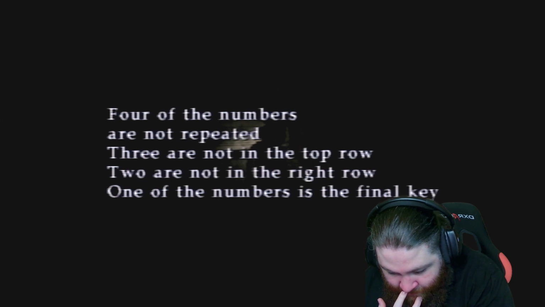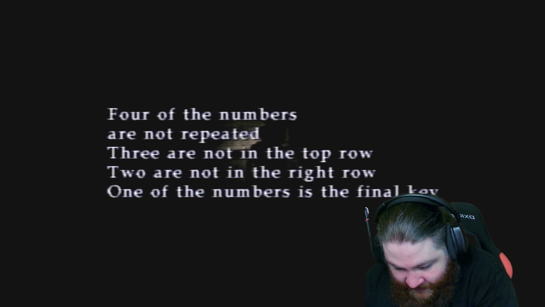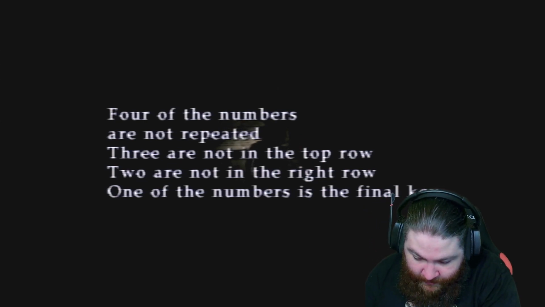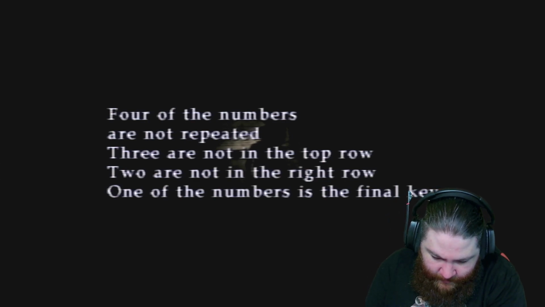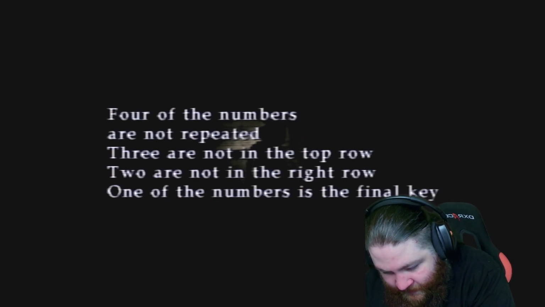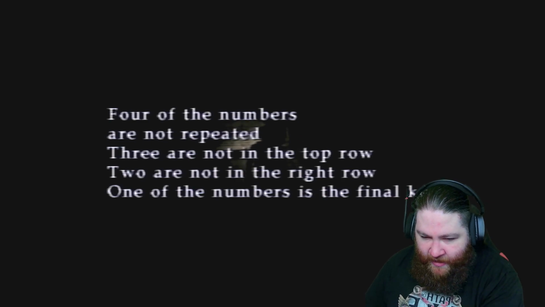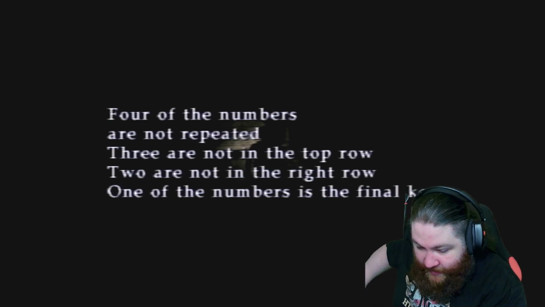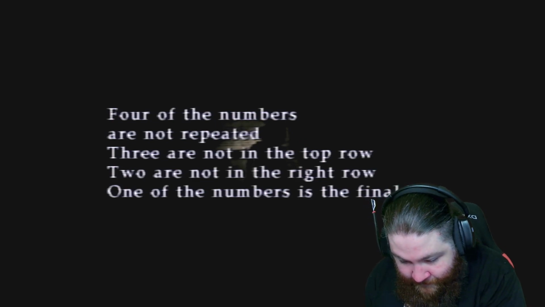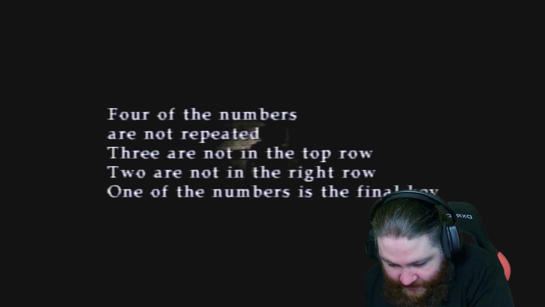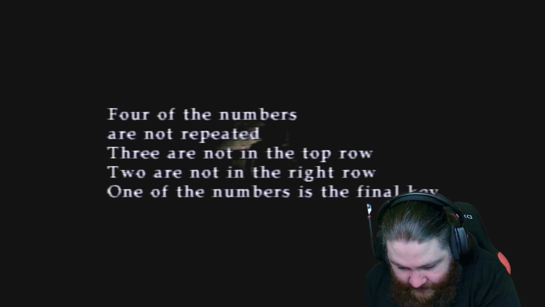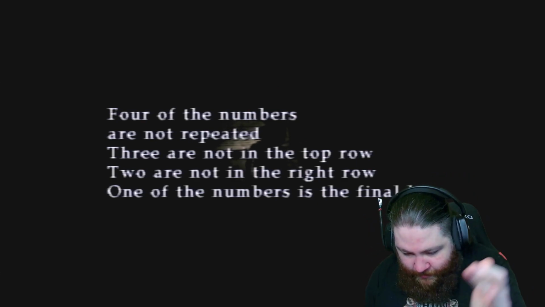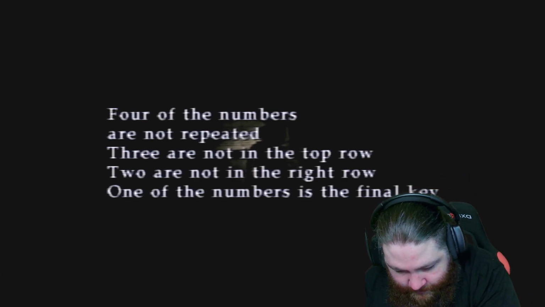If they don't repeat, it can't be anything that we've discovered. Okay. So let's work this again with the new knowledge that there is only 4 keys, and they can't repeat. And the right row is actually a column.